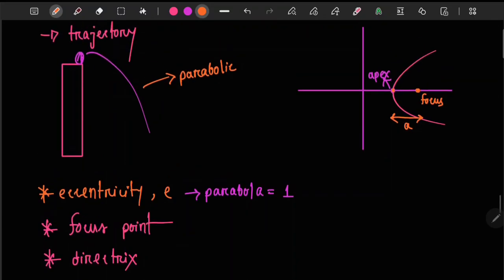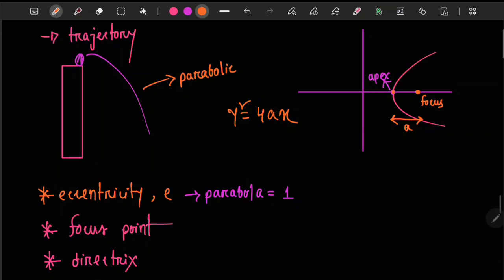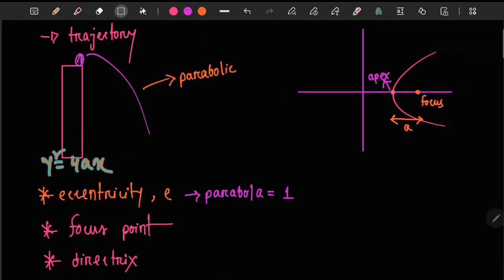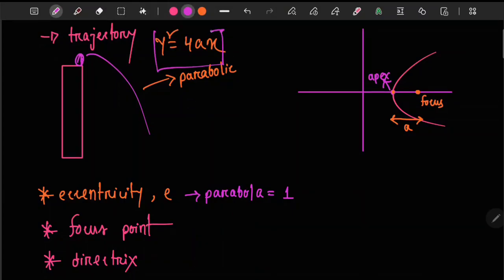Because for a standard parabola the equation is y square equals 4ax. So okay, what is the directrix then? I'm keeping this equation here because we would like to talk about this later on again, right?